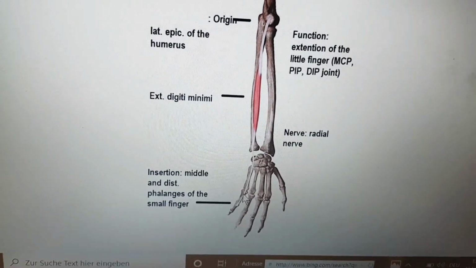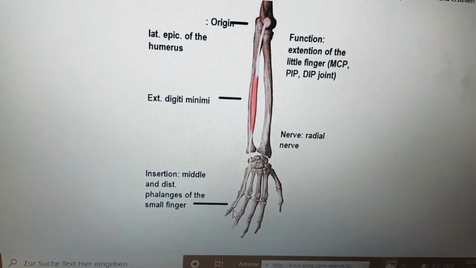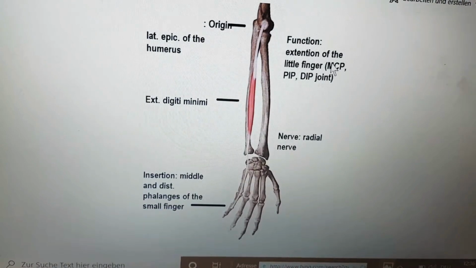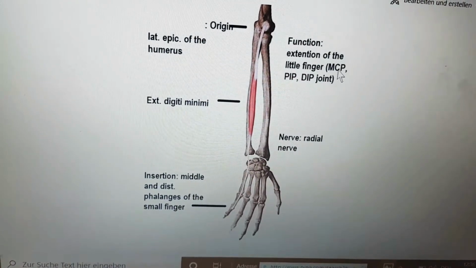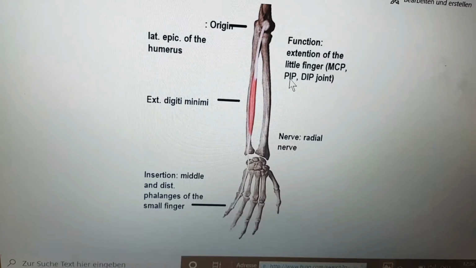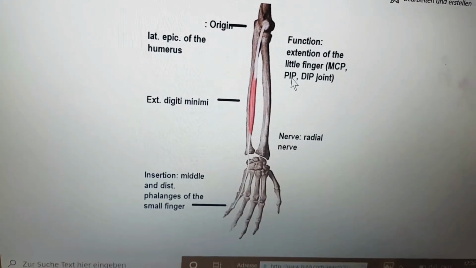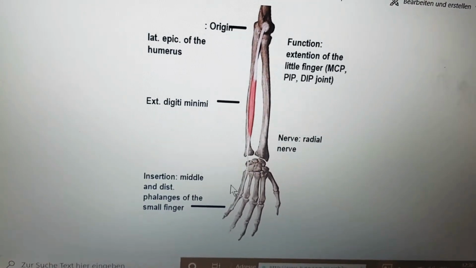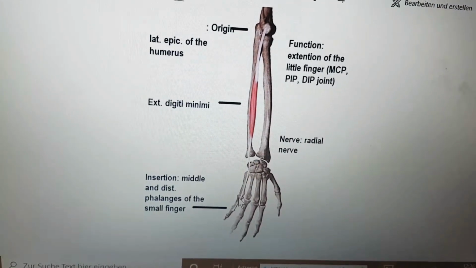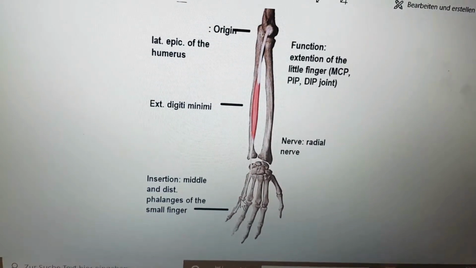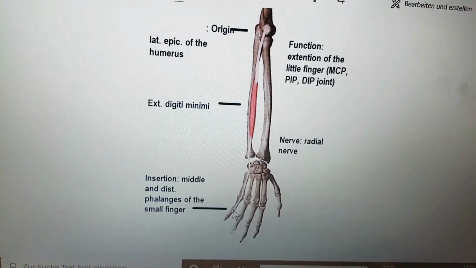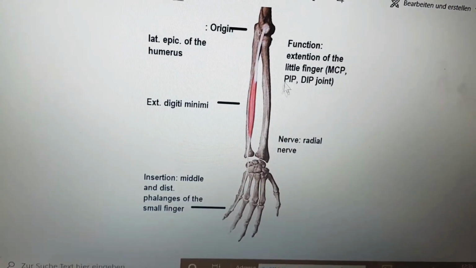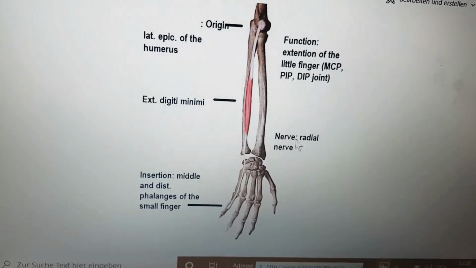The action of this muscle is extension of the little finger: MCP, PIP, DIP joint. MCP is the metacarpophalangeal joint here, PIP the proximal interphalangeal joint, and DIP the distal interphalangeal joint. This is the action of this muscle. The nerve supply of this muscle is the radial nerve.